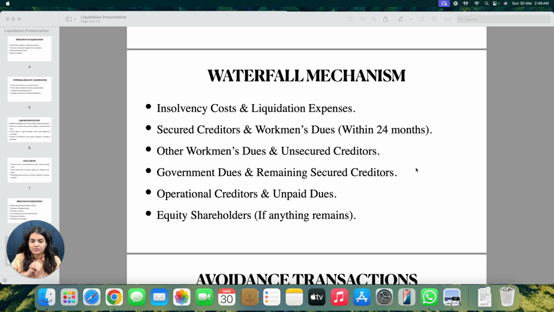However, if the secured creditor has not chosen to relinquish their security interest, then they will fall in the lower strata of the waterfall mechanism.